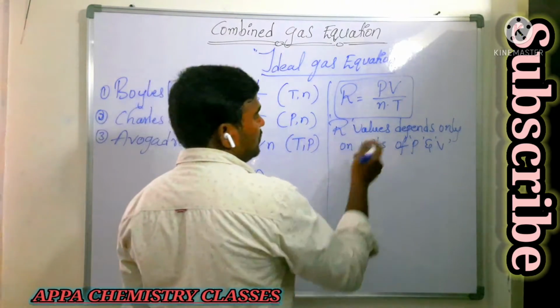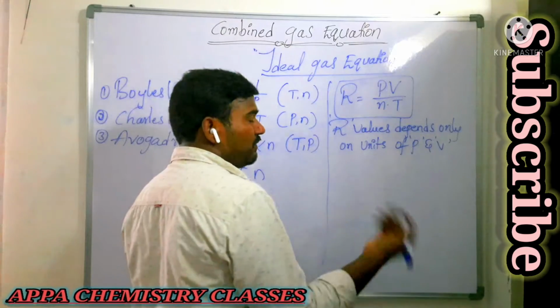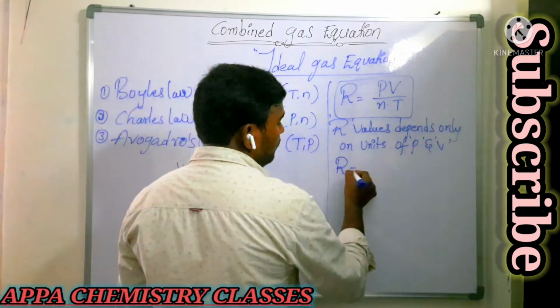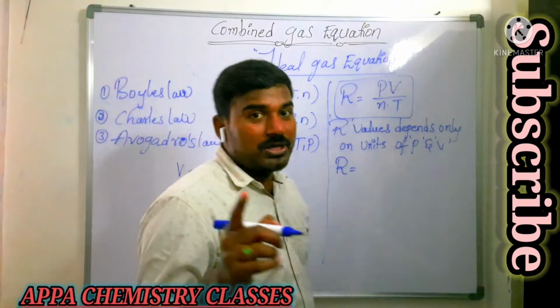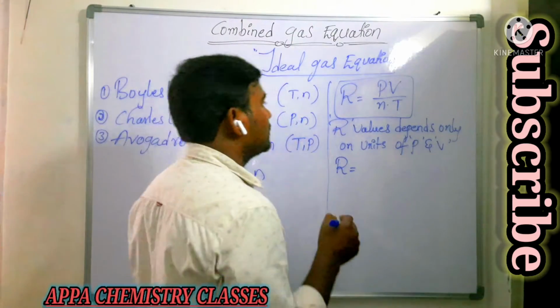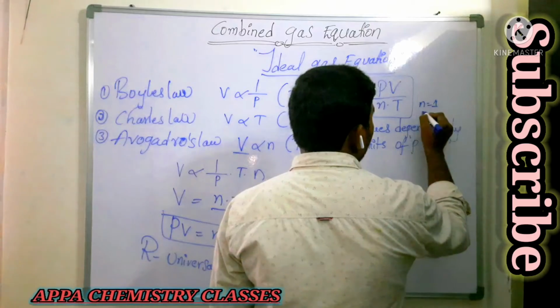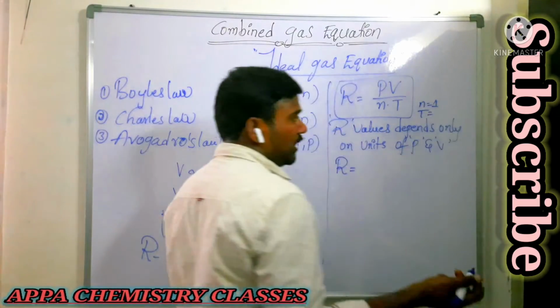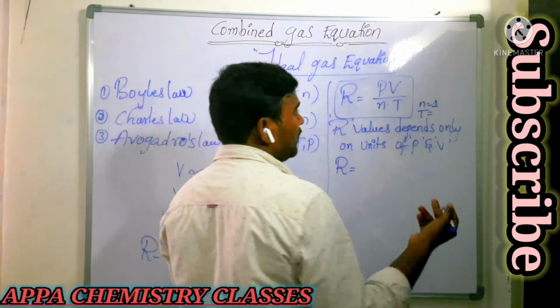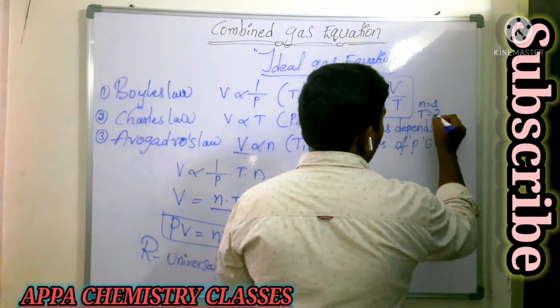So now we are going to see the R value in different units. If you take pressure in atmosphere, volume in liters, the number of moles N is equal to 1 mole, and temperature is generally taken at room temperature, that is 298 Kelvin, or 273 Kelvin you can take.